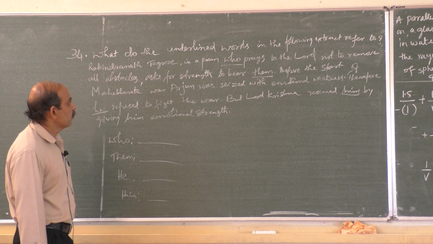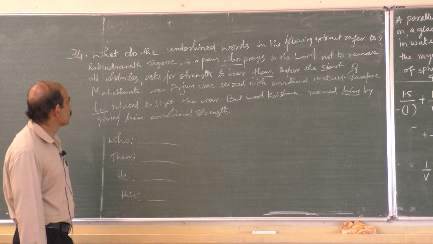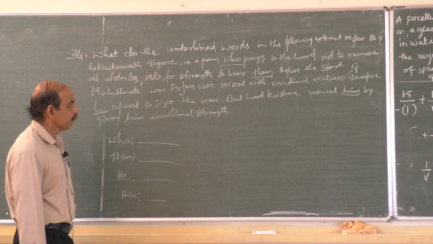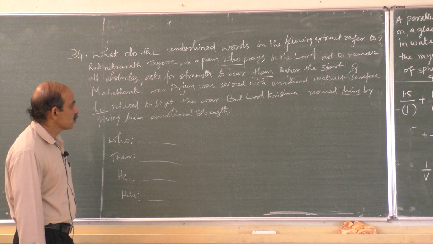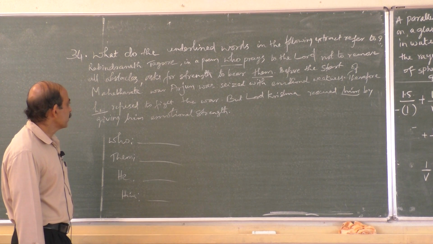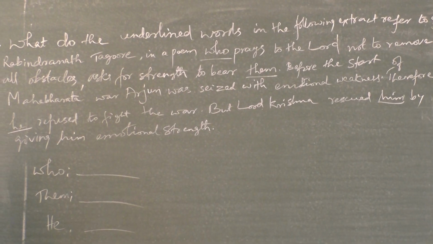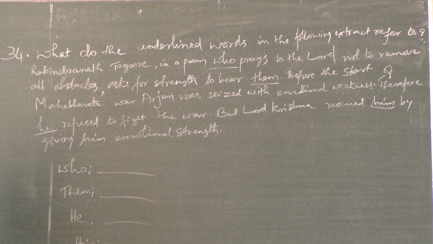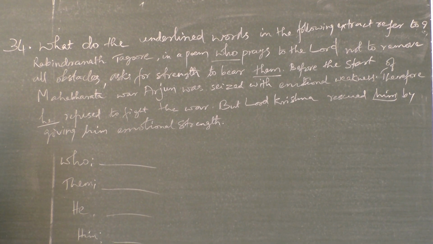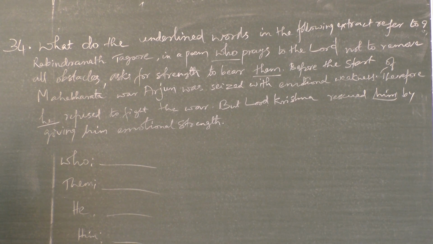Rabindranath Tagore, in a poem, prays to the Lord not to remove all obstacles, but asks for strength to bear them. Before the start of the Mahabharata war, Arjun was seized with emotional weakness. Therefore, he refused to fight the war, but Lord Krishna rescued him by giving him emotional strength. Now, these 4 pronouns have to be answered.